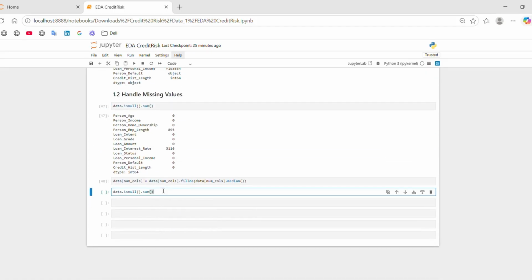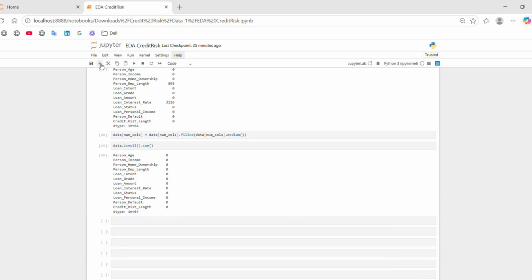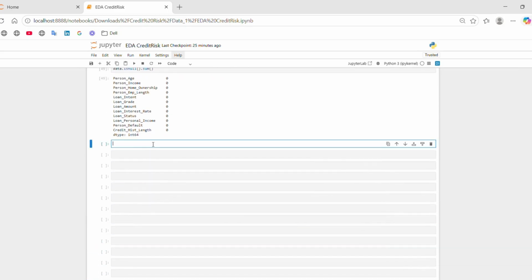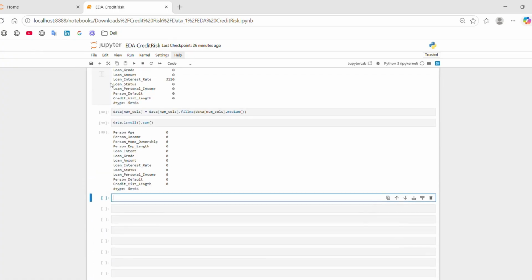Okay, let's check once again the status of missingness. Now it has become 0. Replacing it by median is my personal choice. You can change it accordingly. Next, our 1.2 is handling missing values.